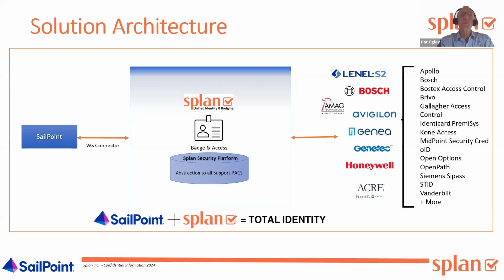Really, about 20 different access control systems that Splan has connectors and integrations with. They're bidirectional integrations. So basically, we are provisioning, and if we are going to issue a temporary badge, we're going to understand what access somebody already has. And then we're feeding that information back into SailPoint. So this is primarily how the integration works from a high level. Again, this is not a technical slide, but from a high level perspective, this is what it is.